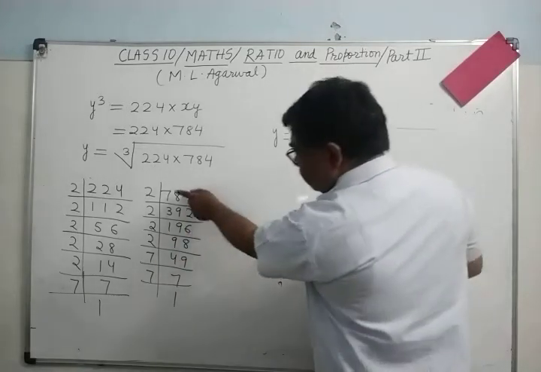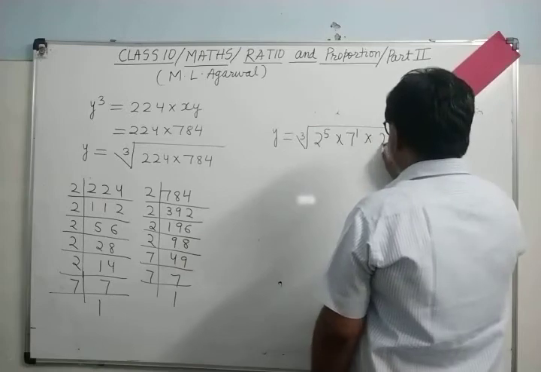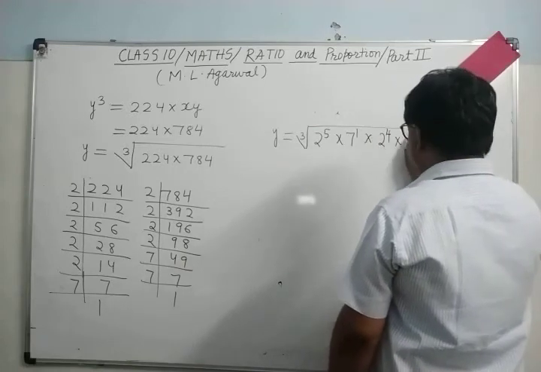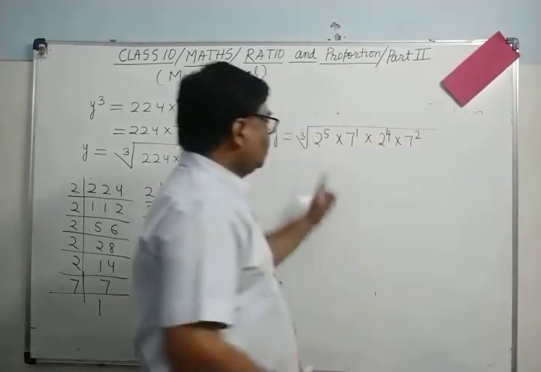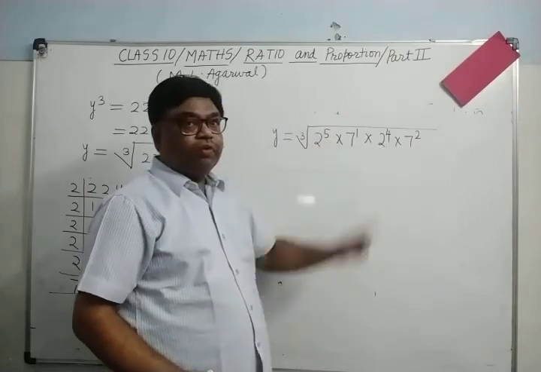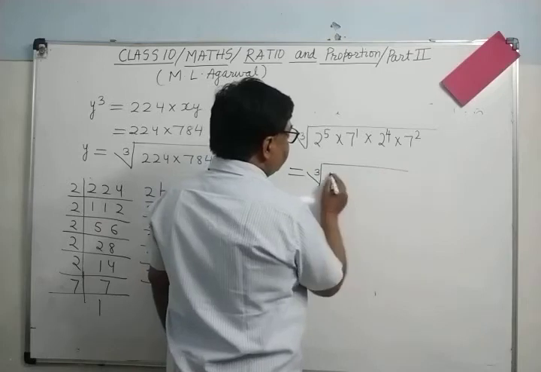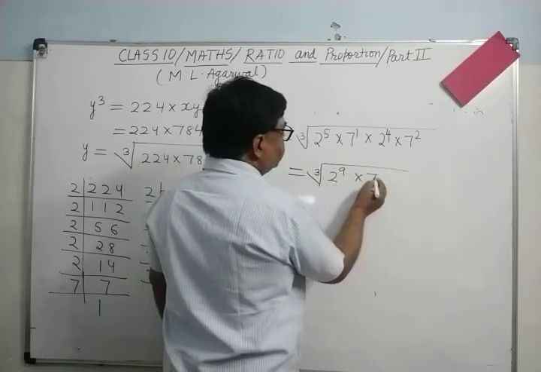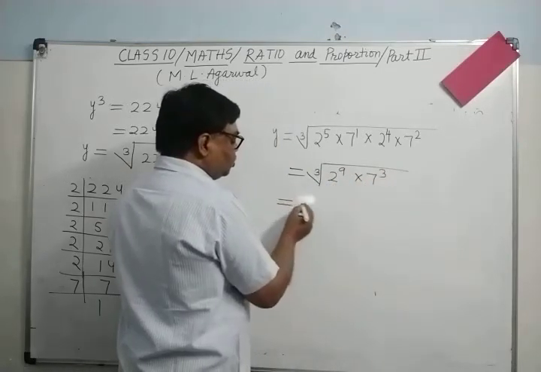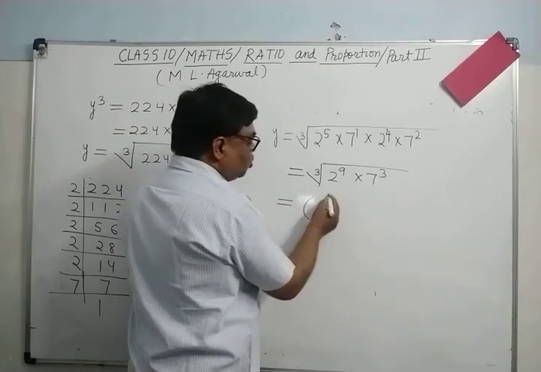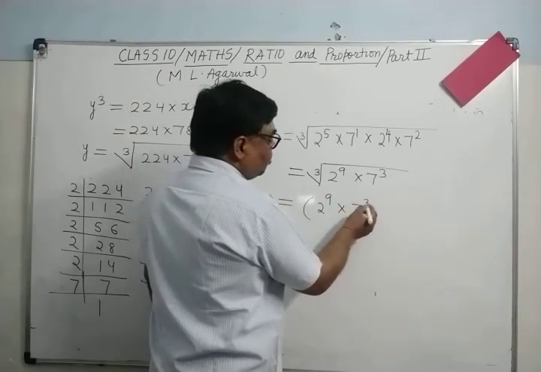Here 2 is coming how many times? 4 times. 2 to the power 4 and 7 to the power 2. So 2 power 5 into 2 power 4 means 2 to the power 9, 2 to the power 9 into 7 to the power 3.